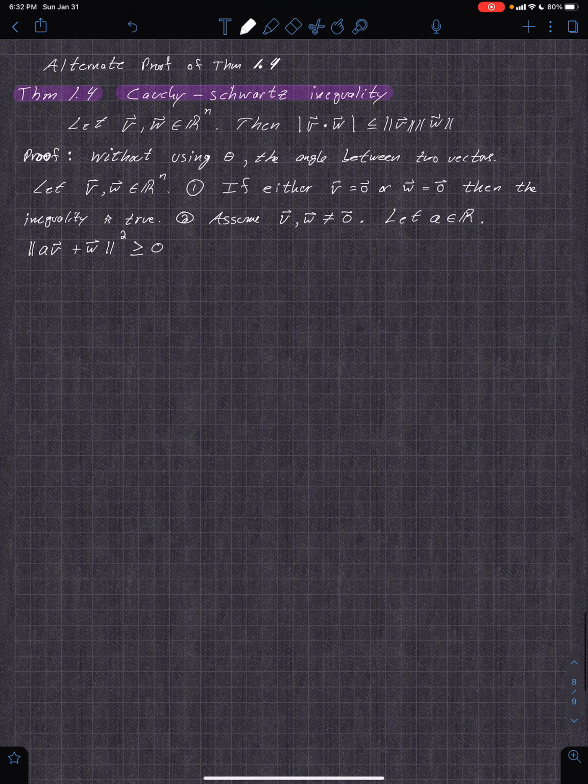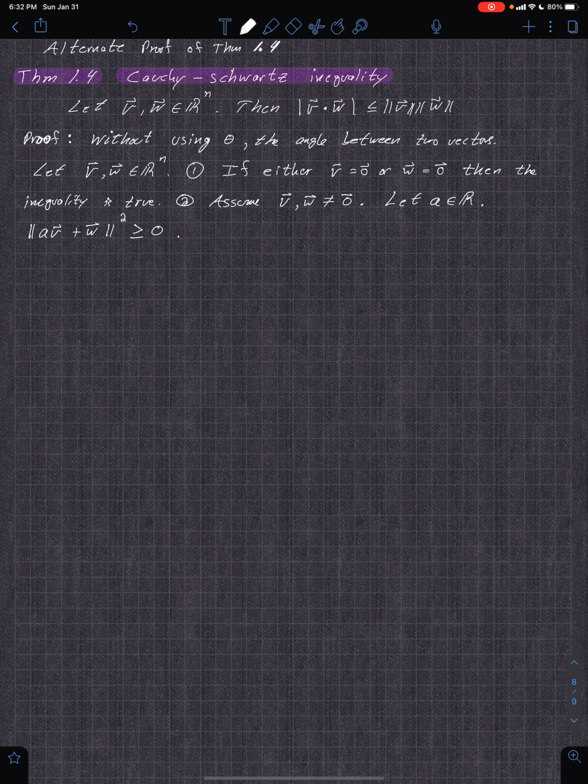So now we're going to look at that. We're going to expand that out. So we have the magnitude of AV plus W squared is equal to AV plus W dot AV plus W. Same as we did above, really.